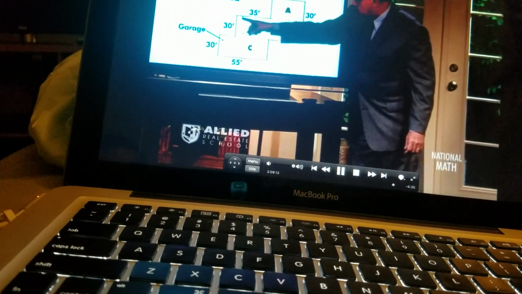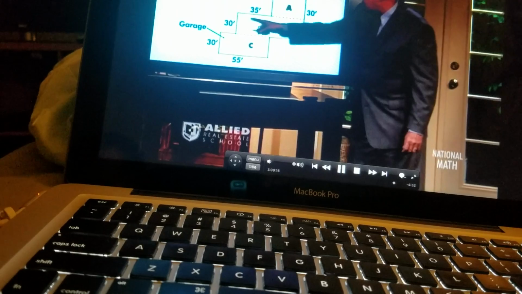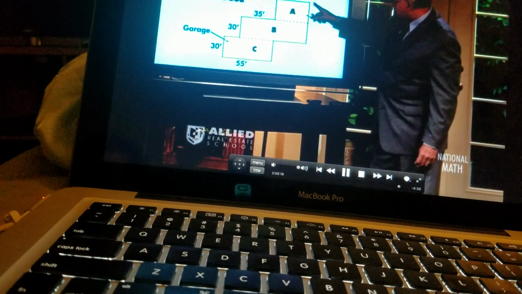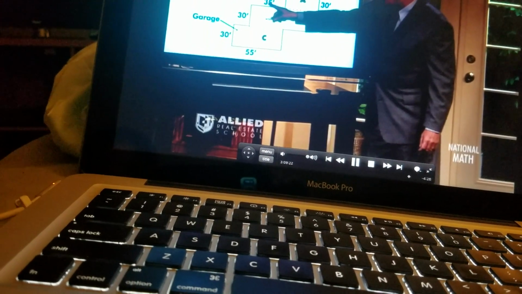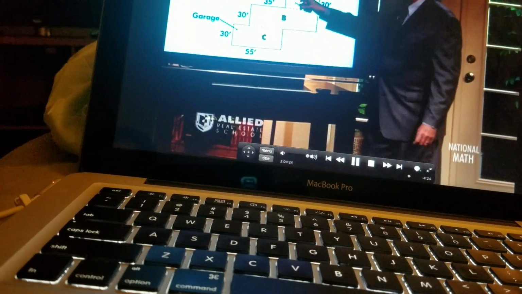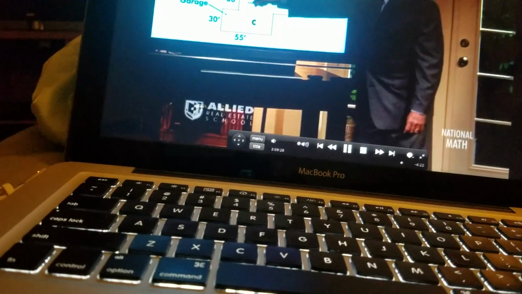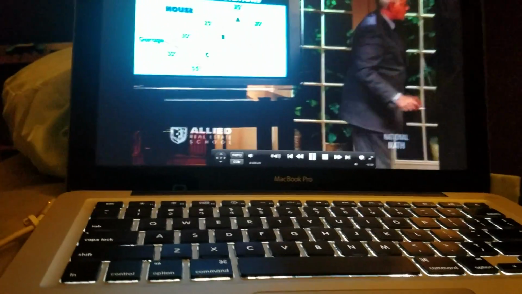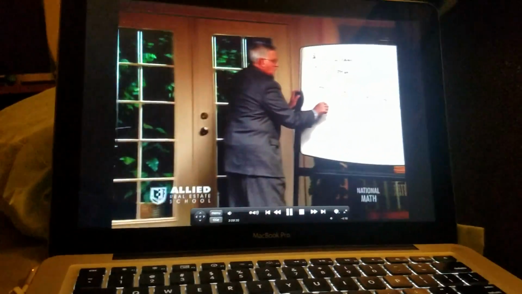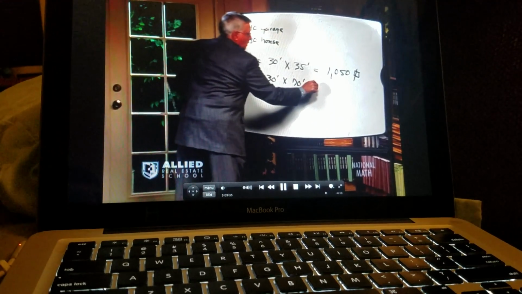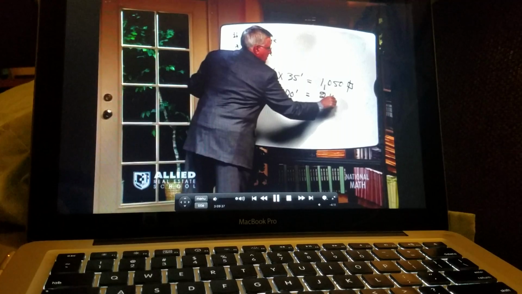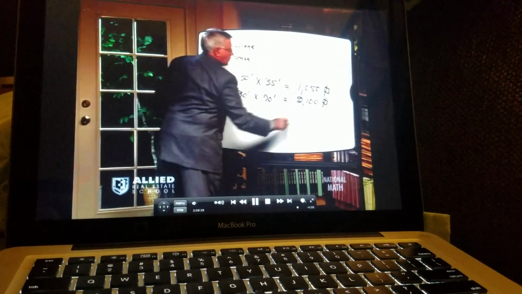Then look at parcel B. Well, parcel B is 30 feet tall also, but how wide is parcel B? Well, it's 35 feet, and then it's another 35 feet here. So 35 and 35 is 70 feet, and we've got 30 feet here. So parcel B is going to be 30 feet times 70 feet, which should be 2,100 square feet.